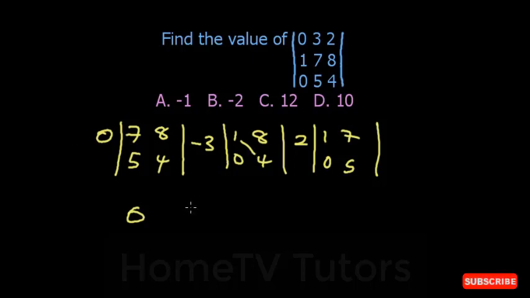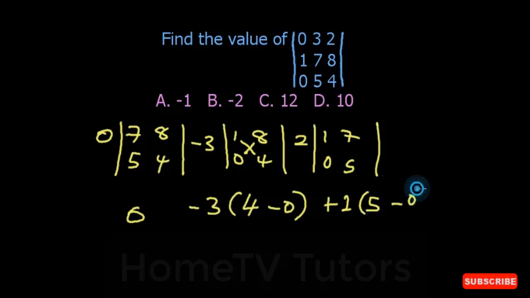So 3 bracket 4 minus 0 times 8 is 0, bracket. Okay, so we have plus 2 times 1 times 5, that's 5, minus 0 times 7, that's 0.